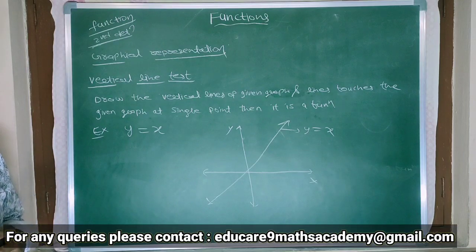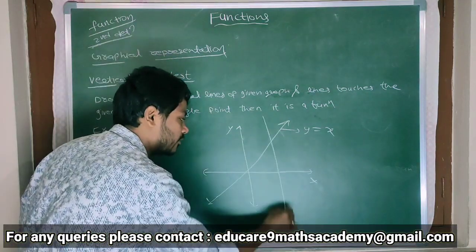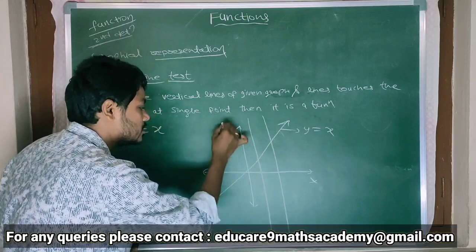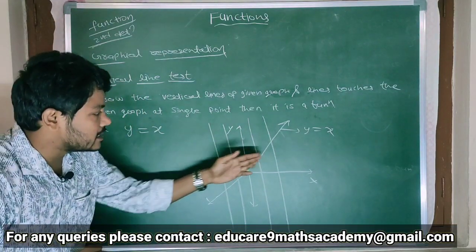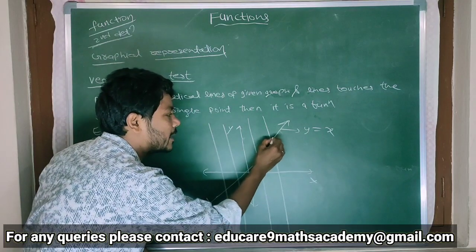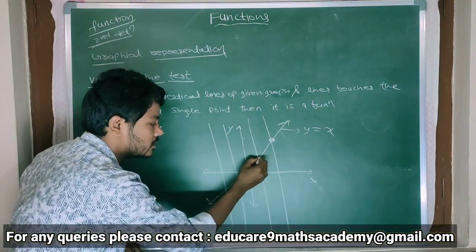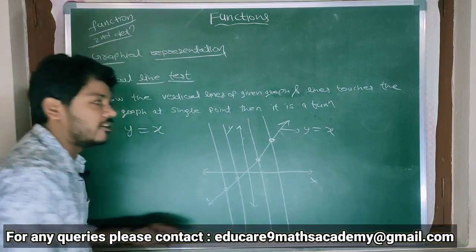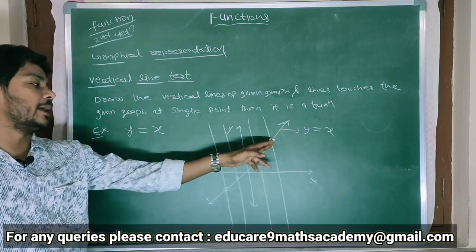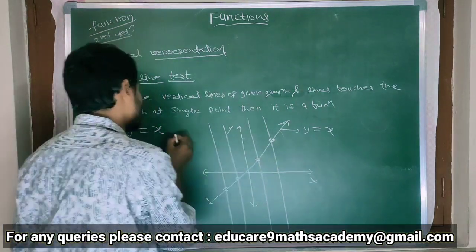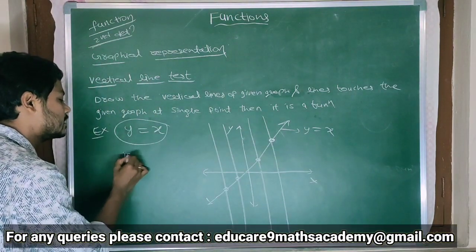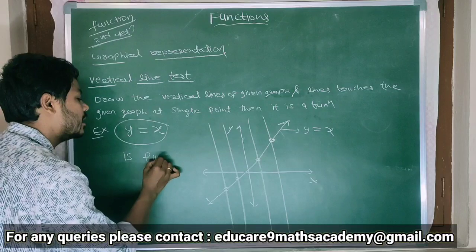Draw the vertical lines for the given graph. These lines touch the graph at a single point. Clearly, each and every line touches the graph at a single point, so y is equal to x is a function.